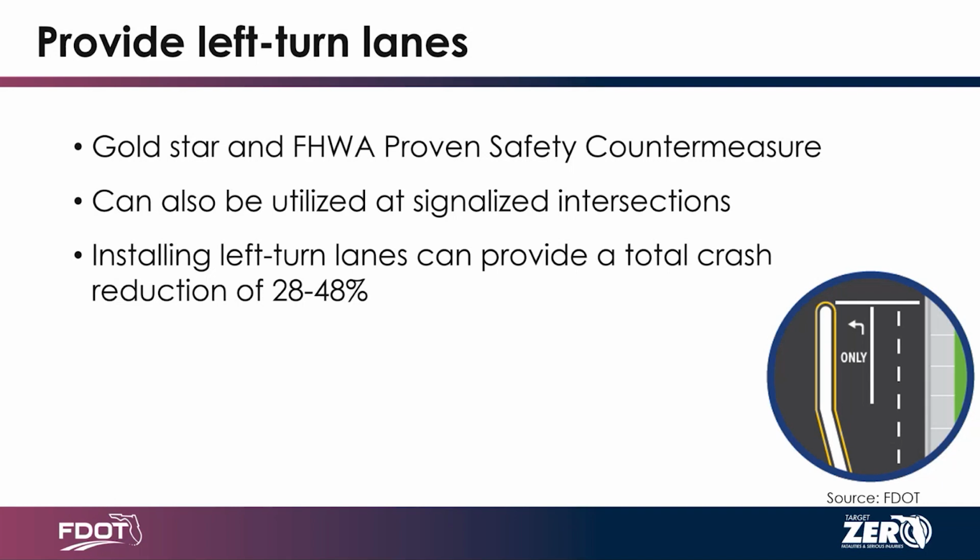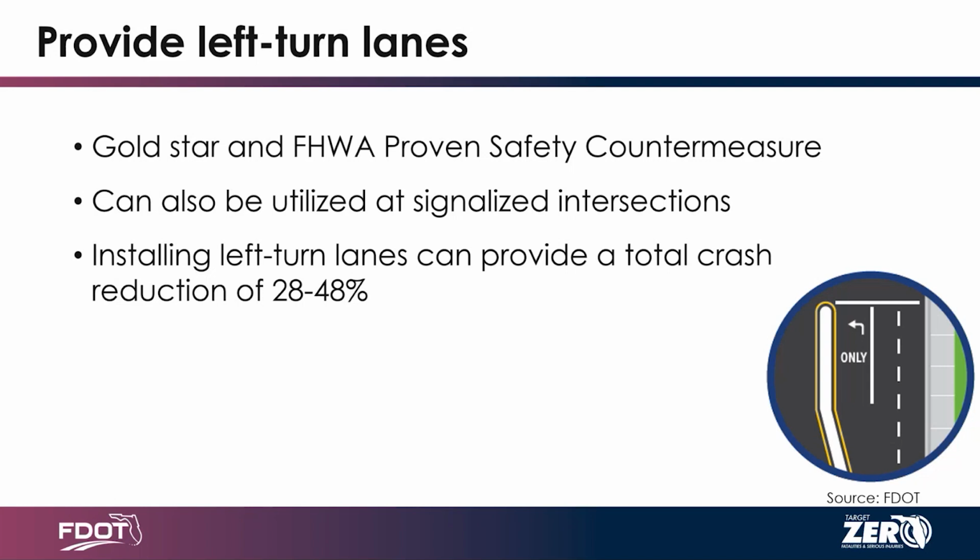They can also be effective at signalized intersections as well. There are different volume thresholds when they're applicable at signalized intersections. You can also get a little bit more creative with phasing. There are some phasing alternatives you could potentially consider there as well.